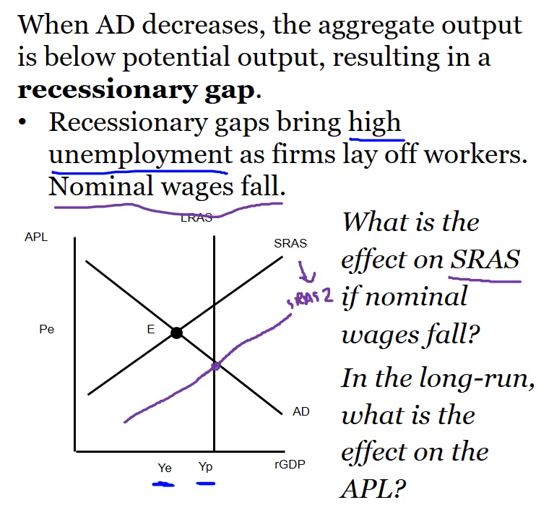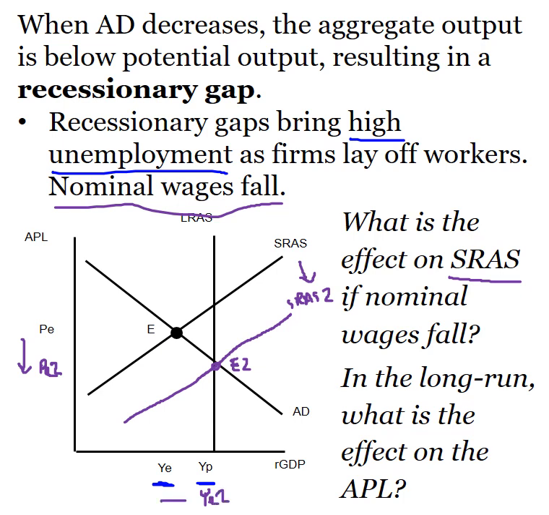We have E2. We have, you could either label this PE2 or P2. And we have YE2. Because remember, YE is talking about our equilibrium output.